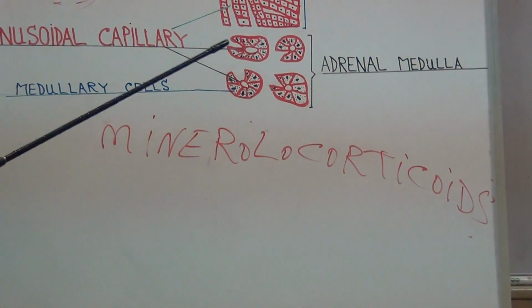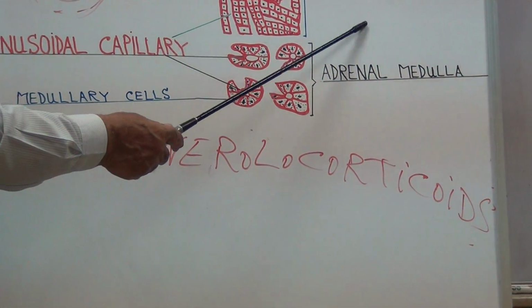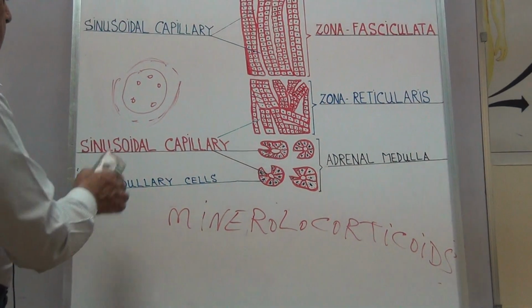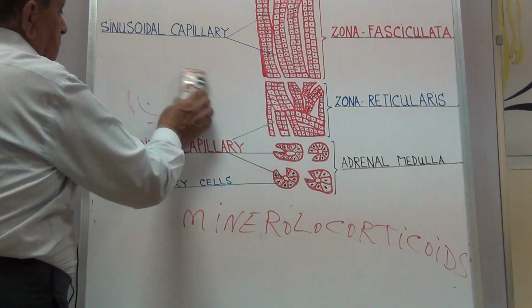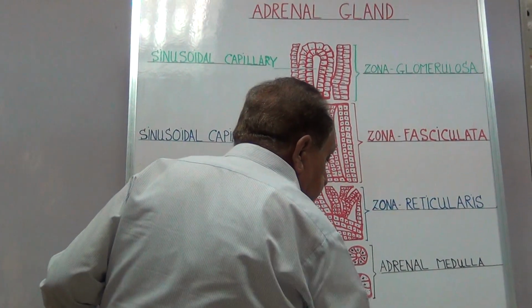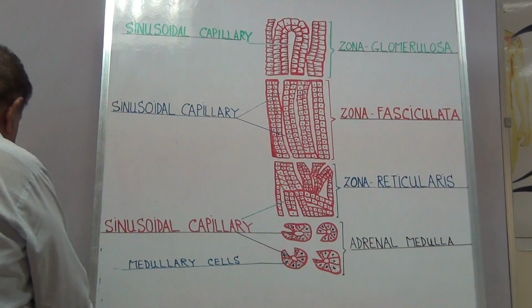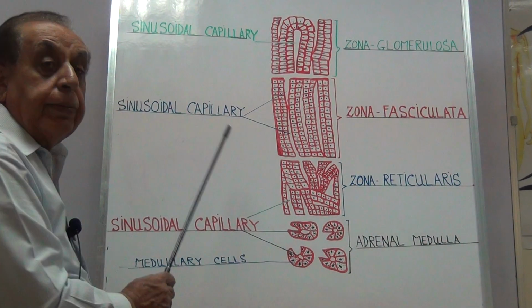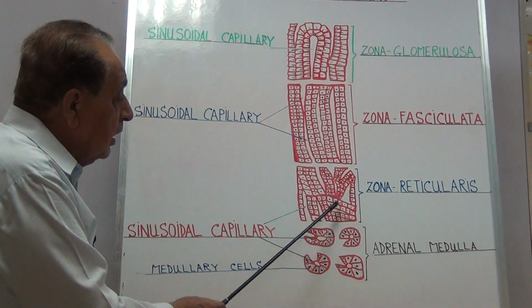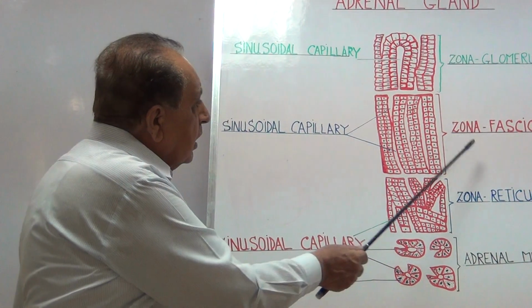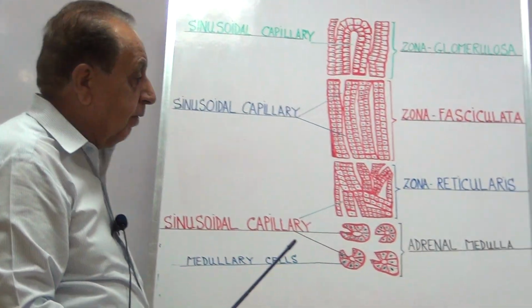Then the zona reticularis. Now this zona reticularis also has cords. The cells form the cords, and the cells are again mainly cuboidal cells. These cords are smaller than the cords of zona fasciculata.